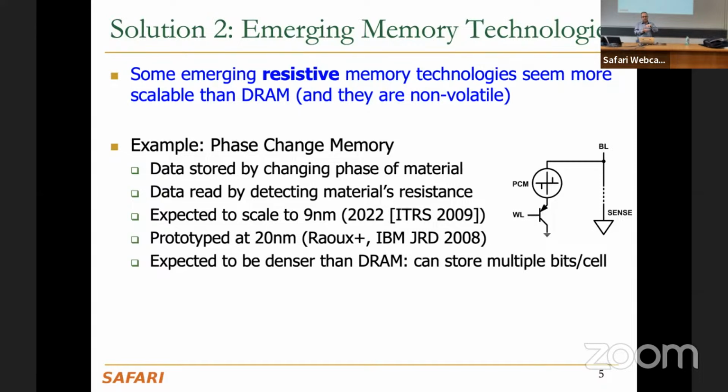If you shine light on the material, depending on how it reflects that, you can encode 0 and 1. That has been used to write rewritable CDs. Of course, that's not a fast writing or reading process, but it has been used for rewritable CDs.